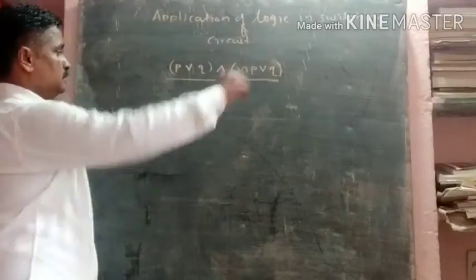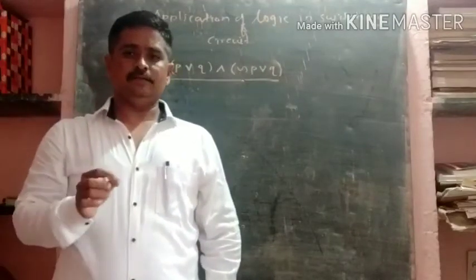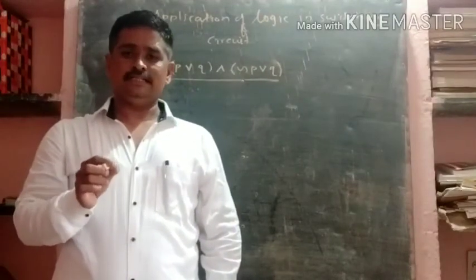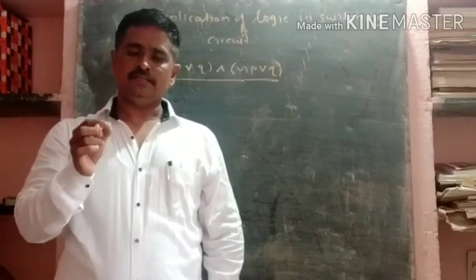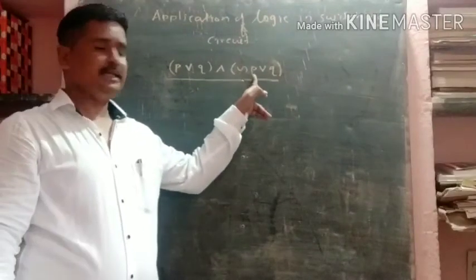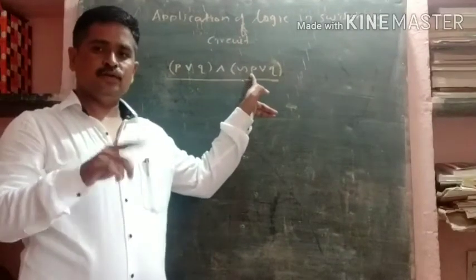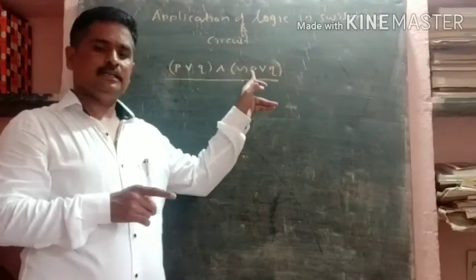Here, first of all, whenever we construct a switching table, we consider P as switch S1 and Q as switch S2. We also have to obtain the negation of P, that means S1 dash.